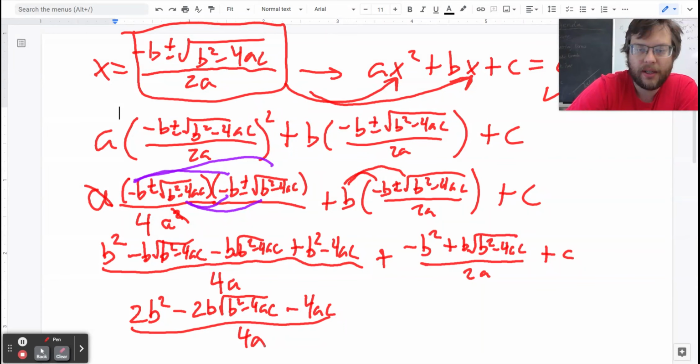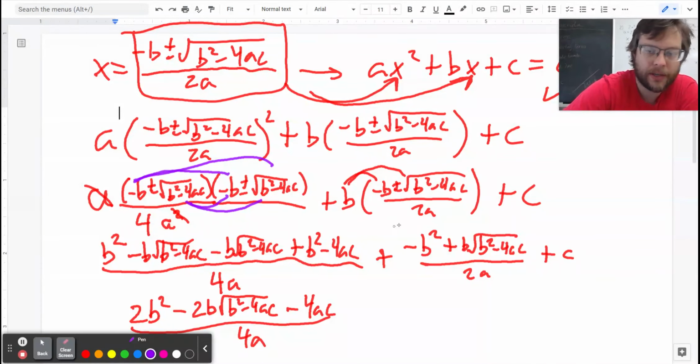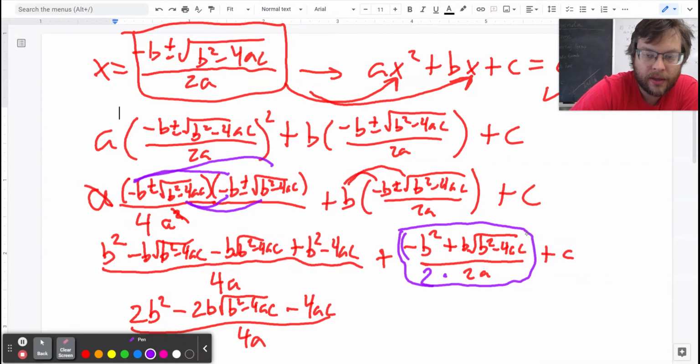When I look at the second fraction, I see that the denominator is only 2a, so I want to double that to make it match up with the 4a. And when I look over at the letter c, its denominator is 1, so I want to multiply that by 4a to make it match up with the other denominators.